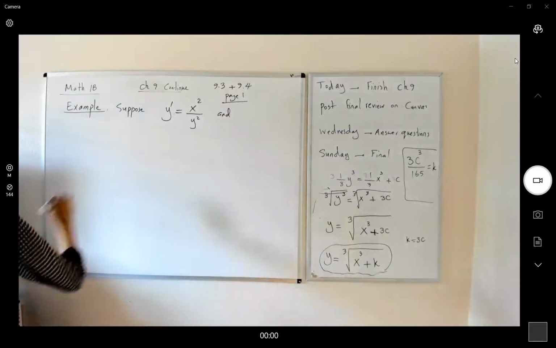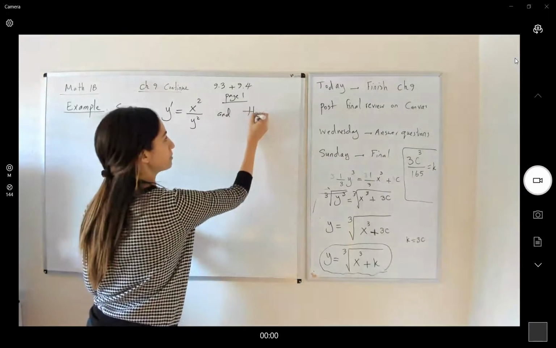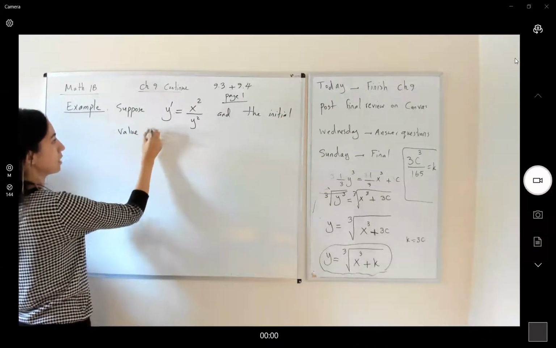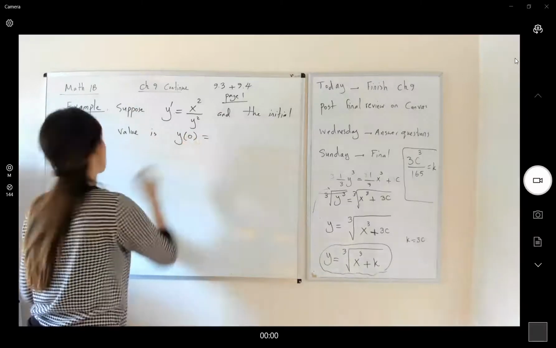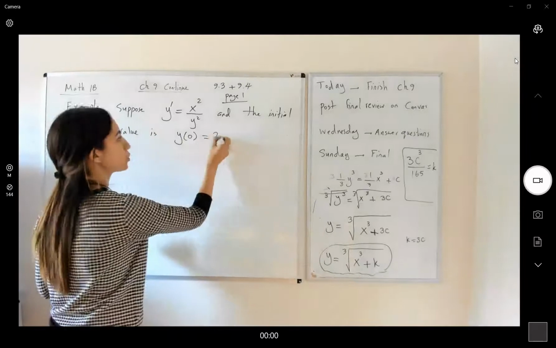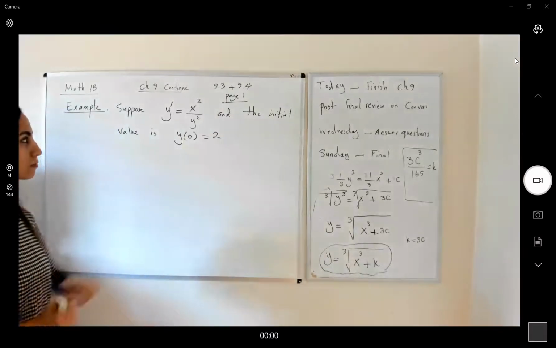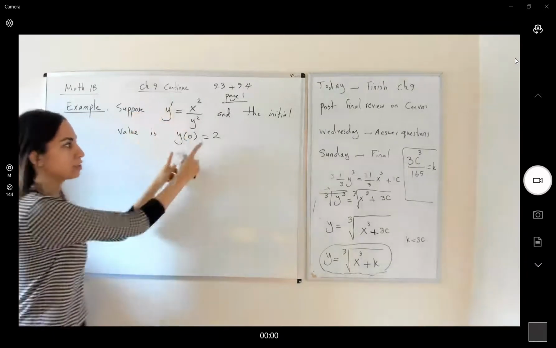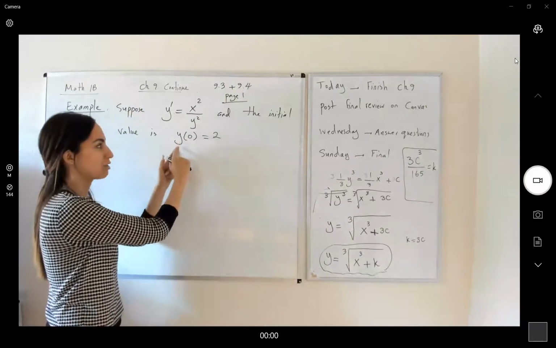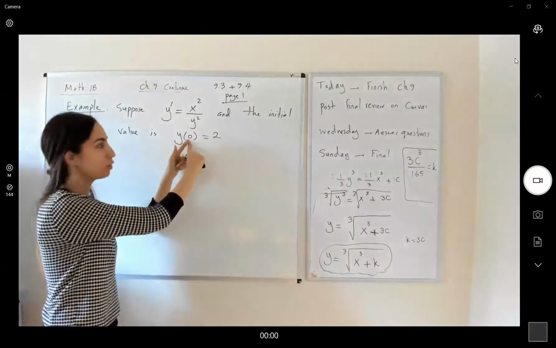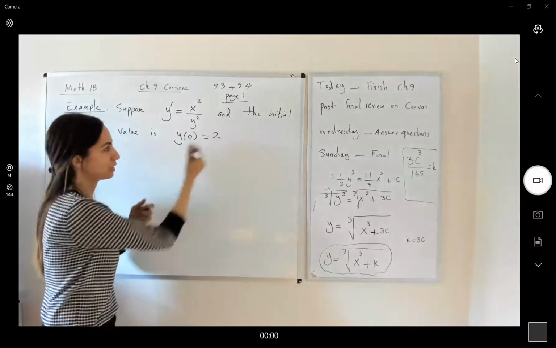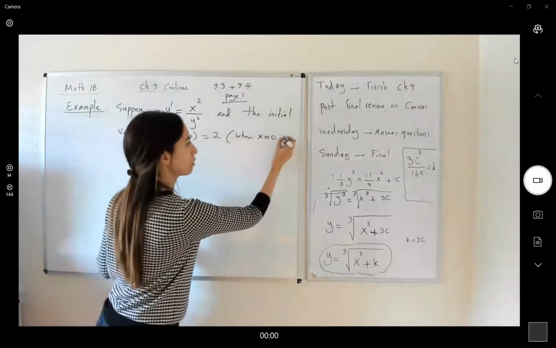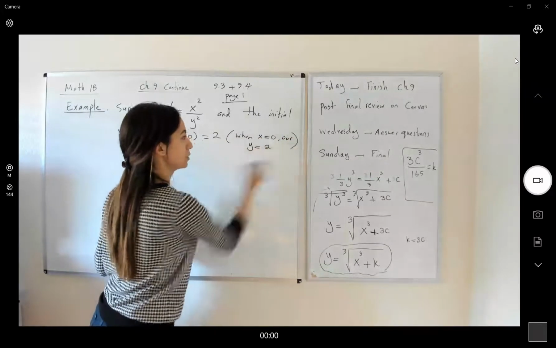The question says the initial value is y at 0 equals 2. We have a differential equation, and the initial value is given: when x is equal to 0, your y value is equal to 2. That's the minimum. So when x is equal to 0, our y is equal to 2.